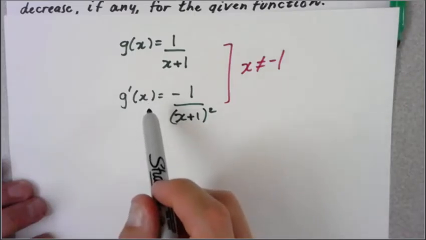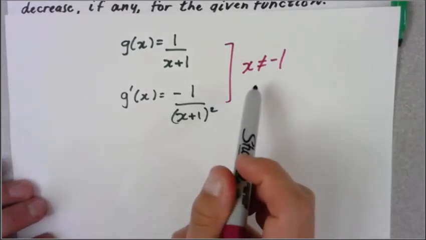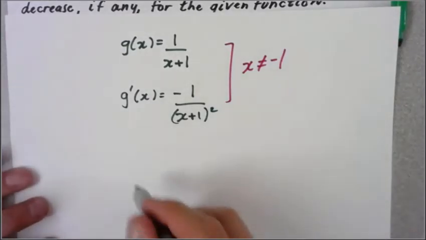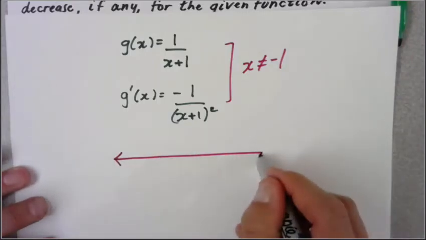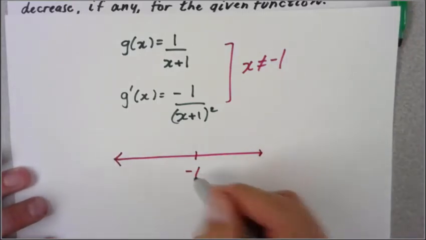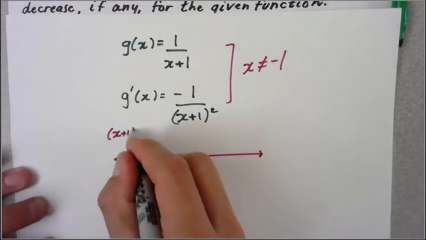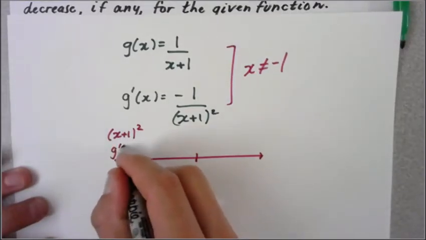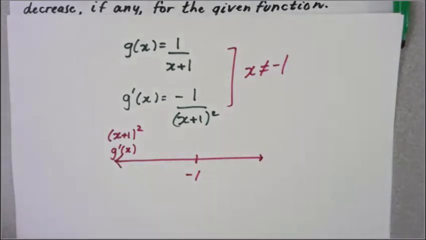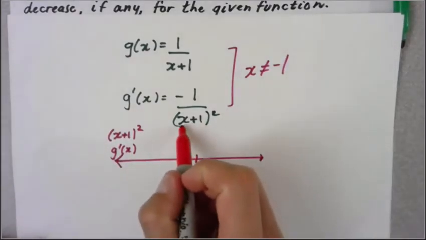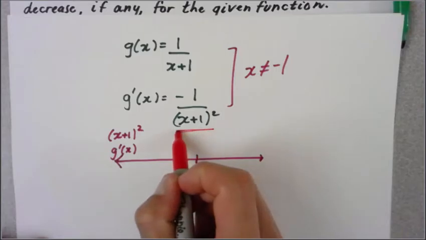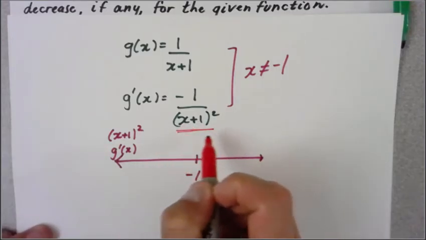There are no critical numbers at 0, but we have to look at the numbers that are undefined. Negative 1 is the only number not defined. I take the x plus 1 squared and look at g prime of x. When we start plugging in numbers, it doesn't matter what I plug in; it's always positive, whether the number is positive or negative.